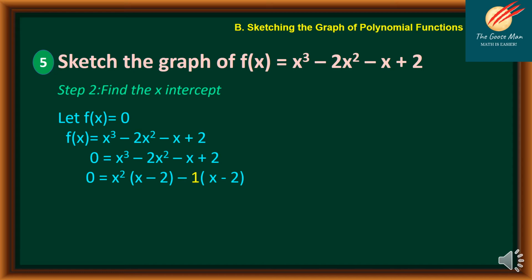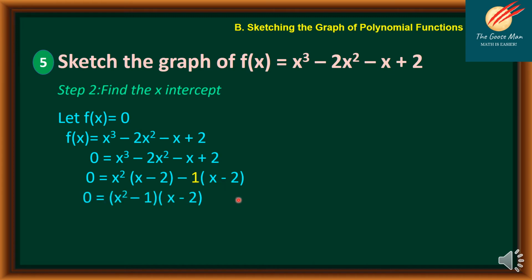So x cubed divided by x squared gives us x, while negative 2x squared divided by x squared is negative 2. Next, the common factor between negative x and positive 2 is negative 1. So negative x divided by negative 1 gives us x, and positive 2 divided by negative 1 gives us negative 2.